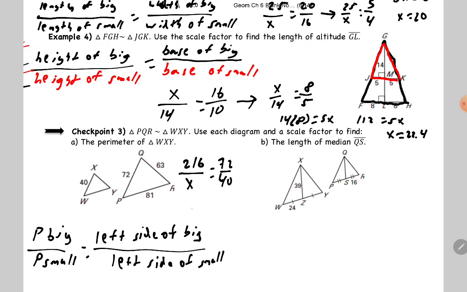Do your cross multiplication, or you can reduce it first. If we reduce this, it's going to be 216 over x equals 9 over 5. So now we do our cross multiplication, and we'll get 5x equals 9 times 216.